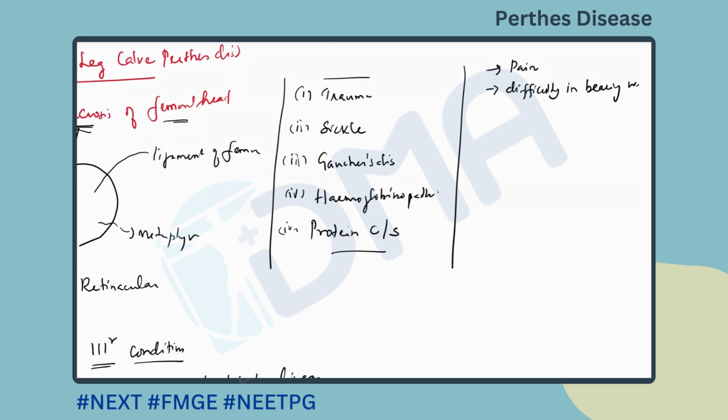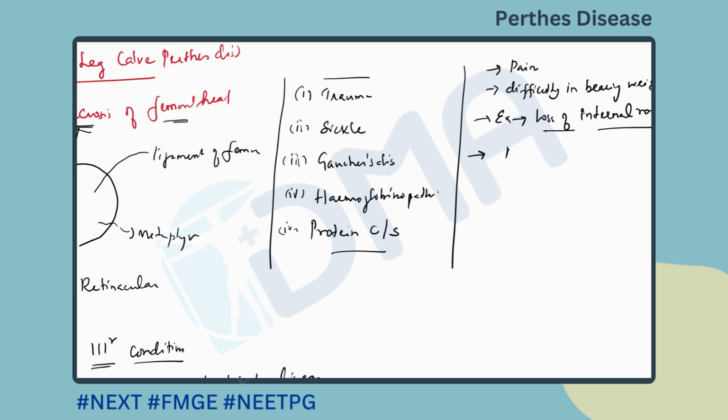And when you examine the patient, he will have loss of internal rotation movement. The hip internal rotation gets affected when the patient suffers from Perthes disease; there will be restriction of internal rotation.